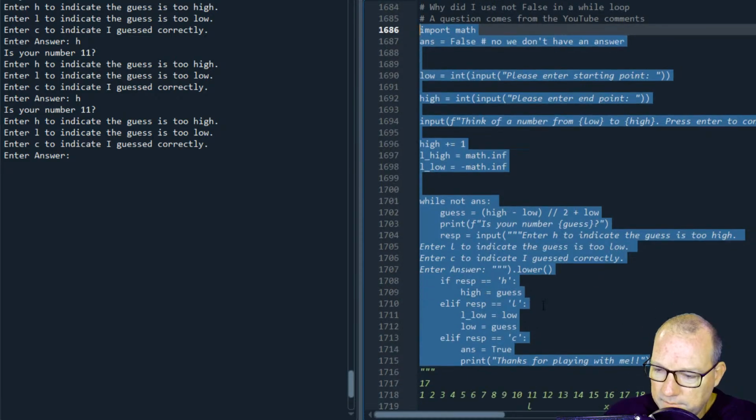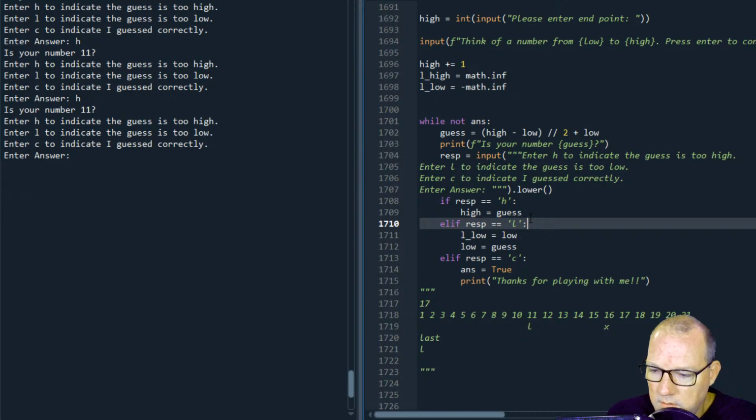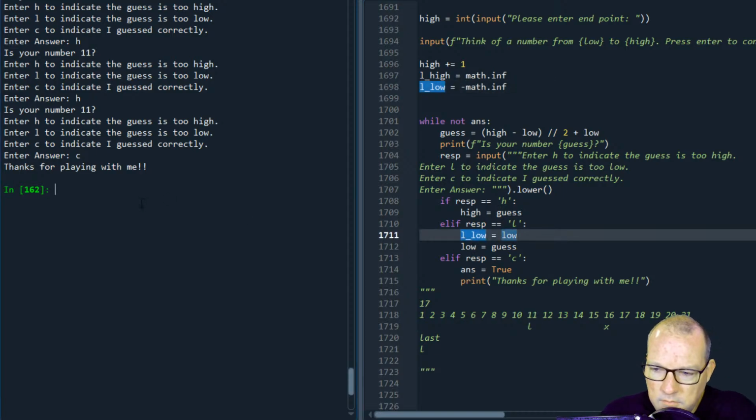So, all right. Last low, so we need to think about this. So our last low and our low. So we reassigned low. Let's do low and last low is 1.